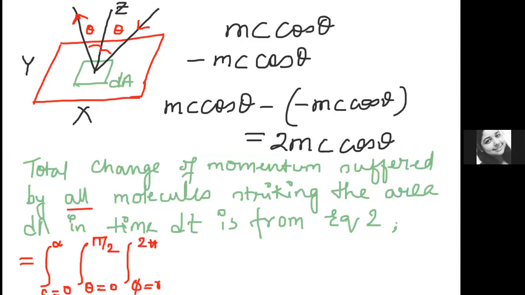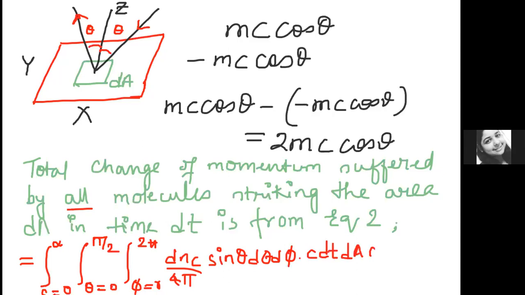We have dnc by 4 pi sine theta d theta d phi, times c dt dA cos theta, and this part of momentum will include that as well. We have 2mc cos theta. Have you got this from equation number 2?